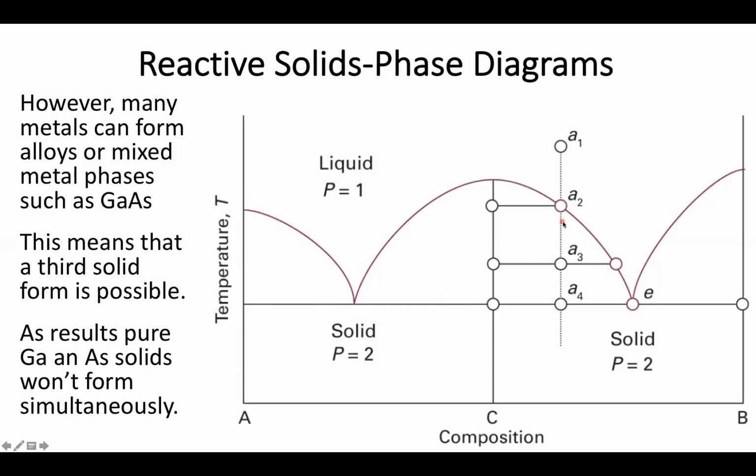Or over here, we can make gallium arsenide and a gallium-rich liquid. We can make gallium and an arsenic-rich liquid, or we can make gallium and gallium arsenide simultaneously. These are our only options. And again, it all depends exactly where we end up in the phase diagram.